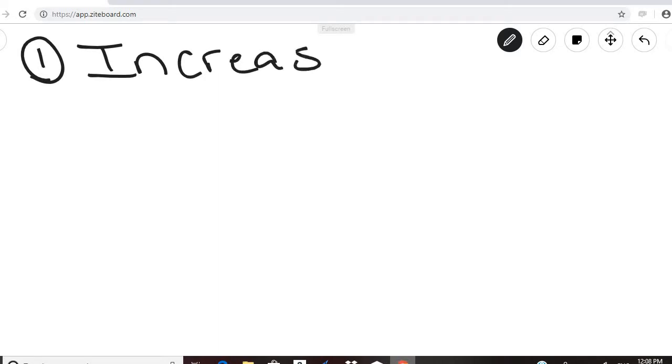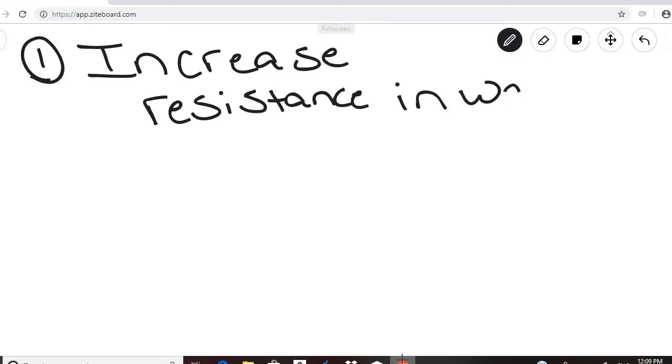Well, one thing that they do is that they can increase their resistance in water so that they sink more slowly.